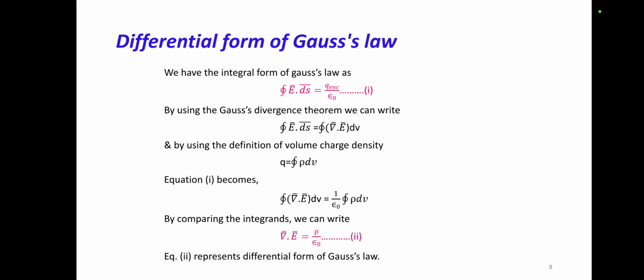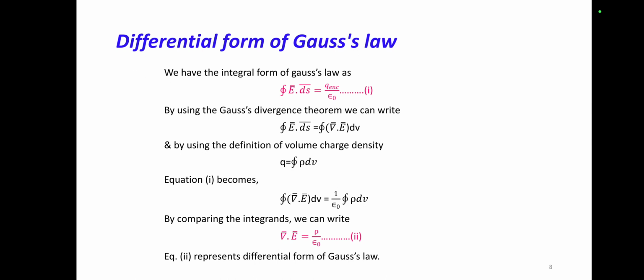Comparing the integrands, we can write del dot E bar equals rho upon epsilon naught, denoted by equation number 2. So equation 2 represents the differential form of Gauss law.